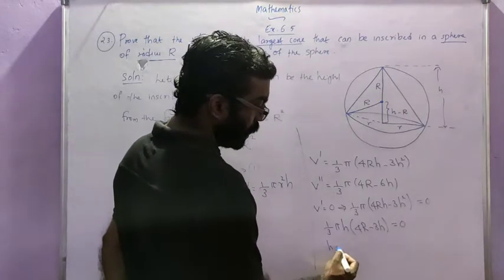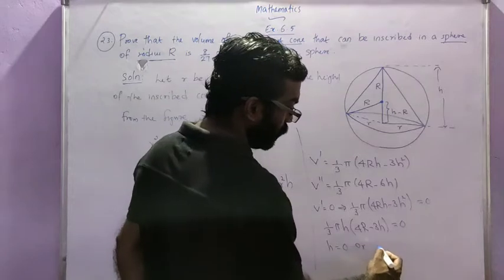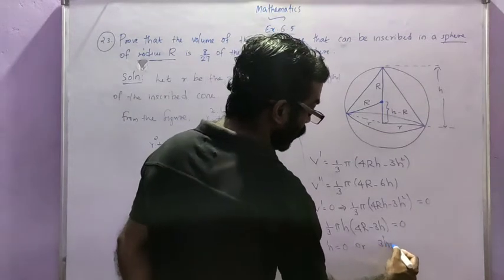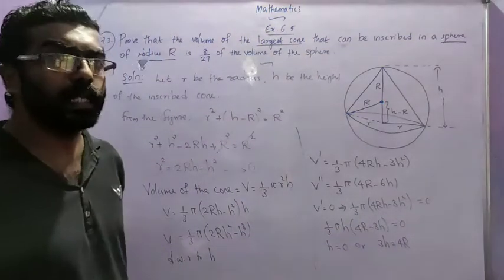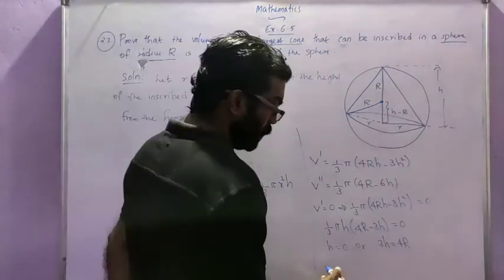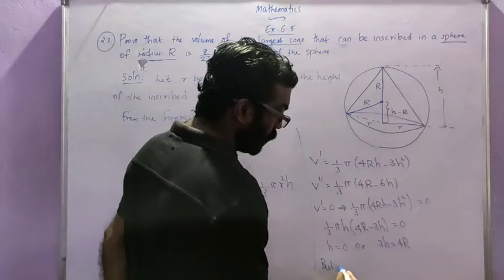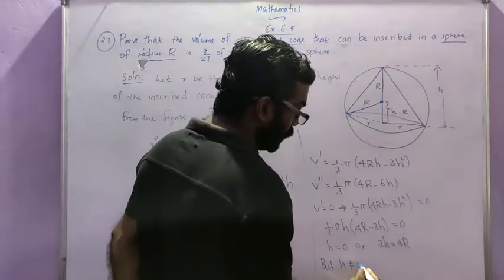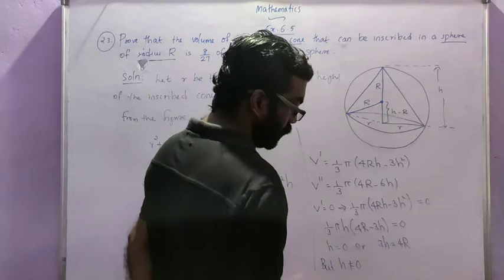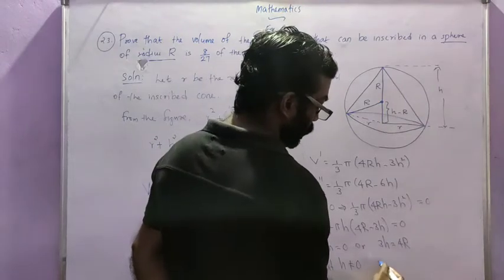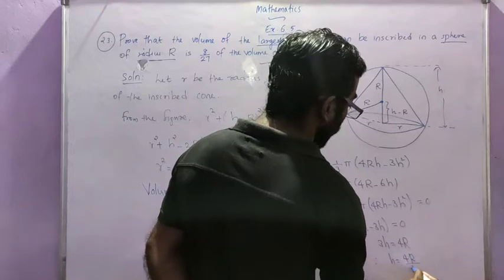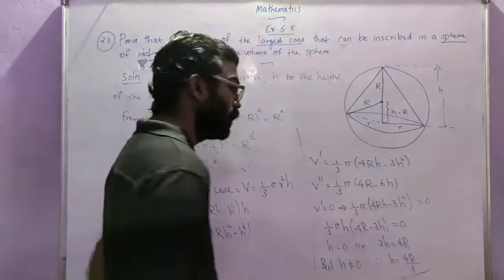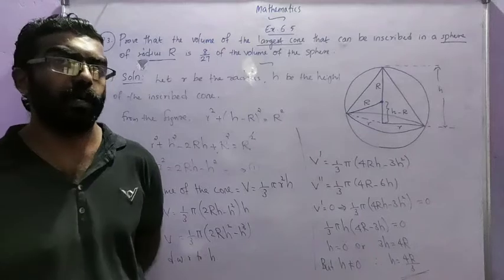From this we can write h is equal to 0 or 3h is equal to 4R. But h is not equal to 0. h is the height, it's a positive quantity. So h is equal to 4R divided by 3.